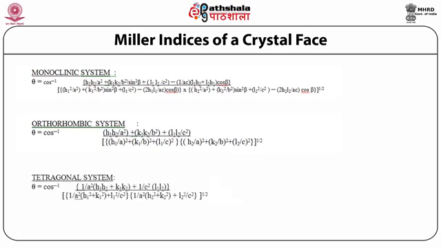For tetragonal system, theta is given by cos inverse 1 by a square into h1 h2 plus k1 k2 plus 1 by c square into l1 l2, divided by 1 upon a square h1 square plus k1 square plus l1 square by c square into 1 by a square h2 square plus k2 square plus l2 square by c square, raised to 1 by 2.